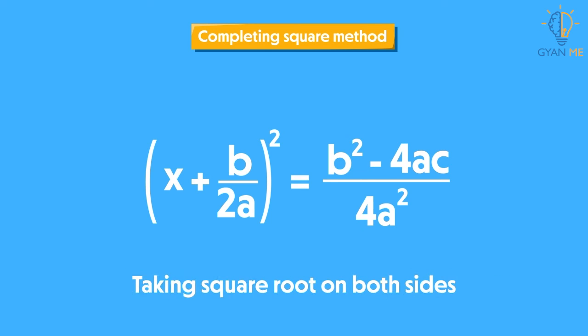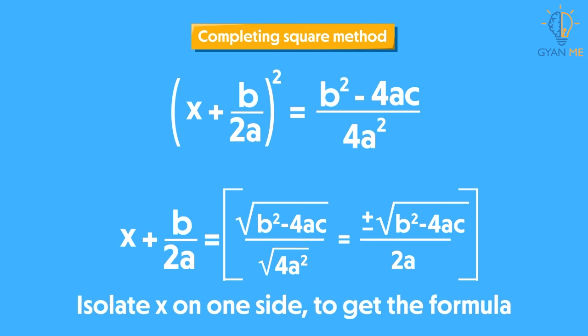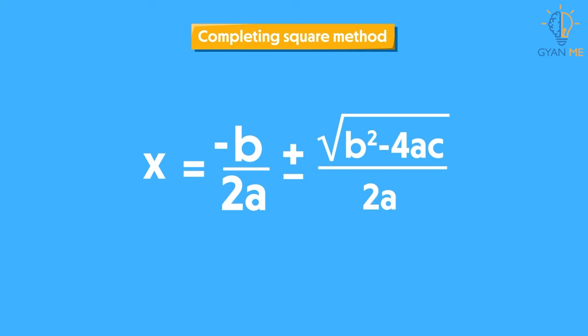Take square root on both the sides. We get x plus b by 2a equal to plus or minus under root b square minus 4ac upon under root 4a square, that is, 2a. Now isolate x on one side to get x equal to minus b by 2a plus or minus under root b square minus 4ac upon 2a.